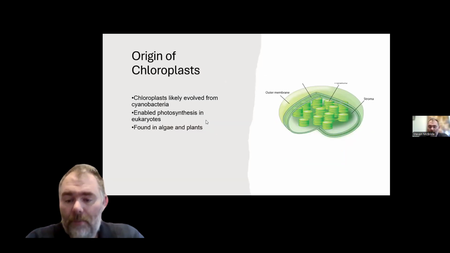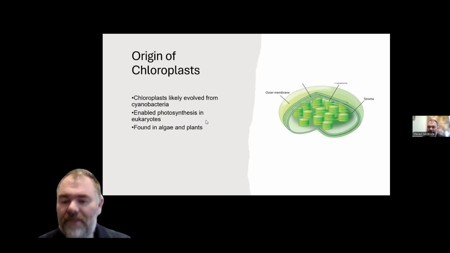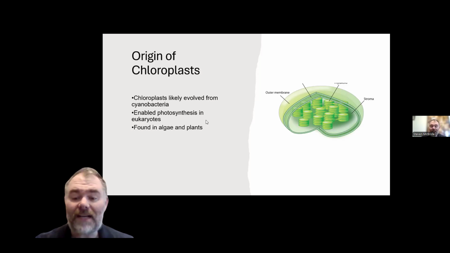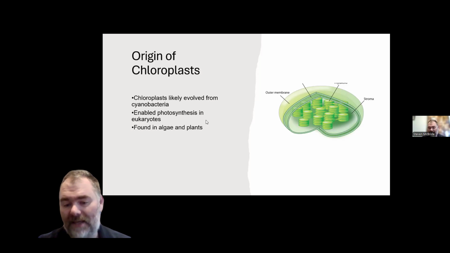Chloroplasts likely evolved through a process similar to the origin of mitochondria, but importantly, this happened later in evolutionary history. By this point, the ancestral eukaryotic cell already contained mitochondria. In other words, it was already a more complex eukaryotic cell capable of efficient energy production. That cell then engulfed a photosynthetic cyanobacterium. Instead of digesting it, the host cell retained it. Over time, the cyanobacterium evolved into the chloroplast.